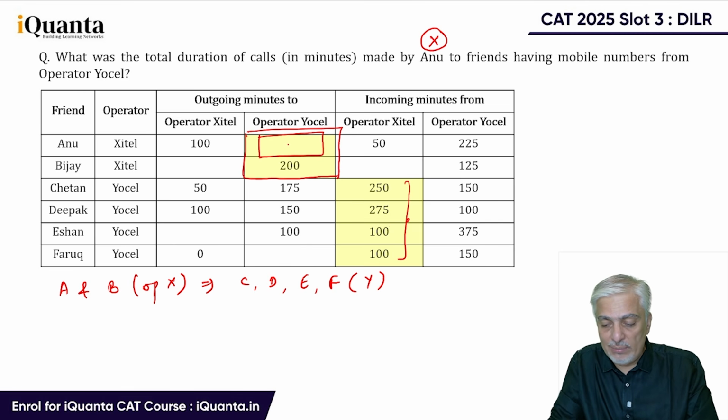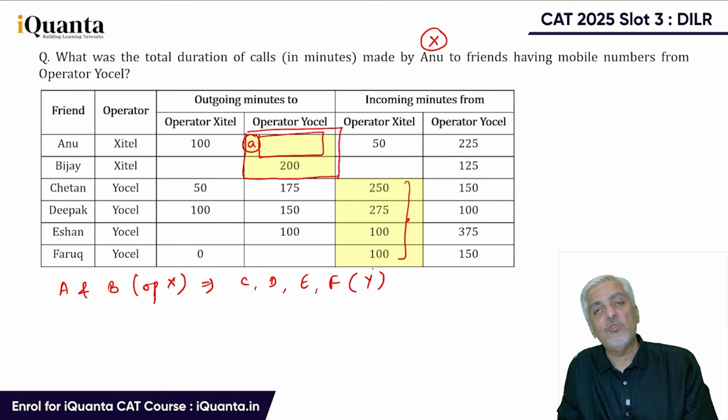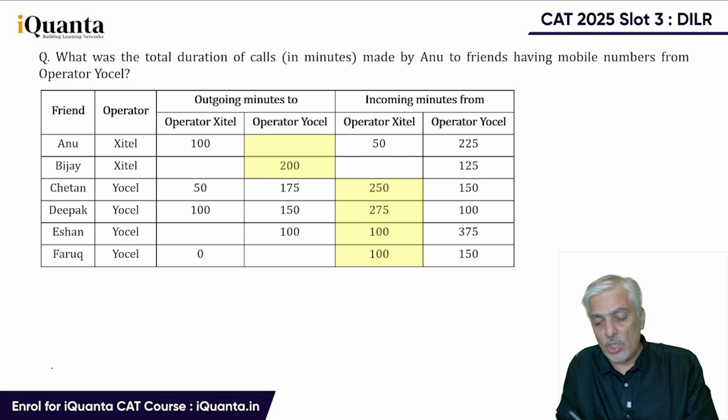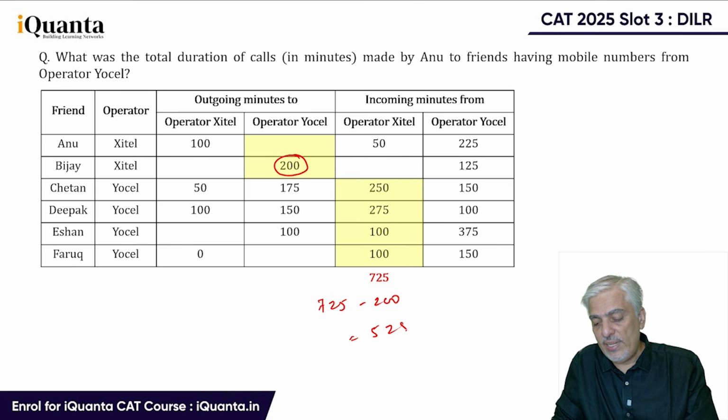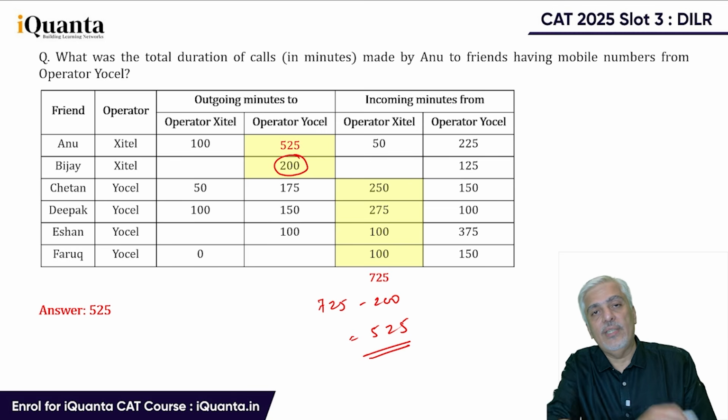That means if I put a variable over here, like a, then a plus 200 will be the total of these 4. That's it. As I said, once you've understood the logic, it was very straightforward. This will be a total of 725. This is already 200. That means the missing number will be 725 minus 200, which will be 525. That's the answer for this question, right?